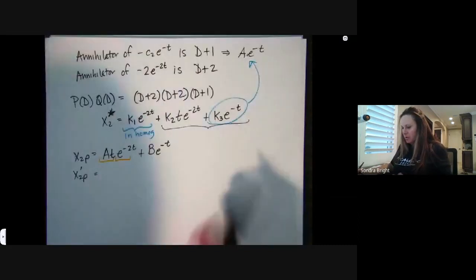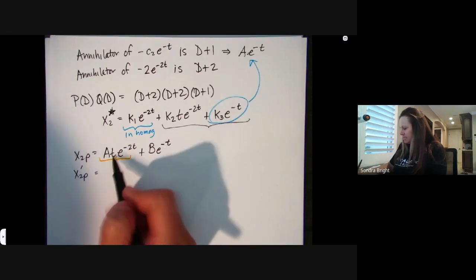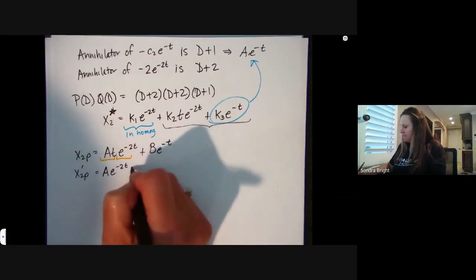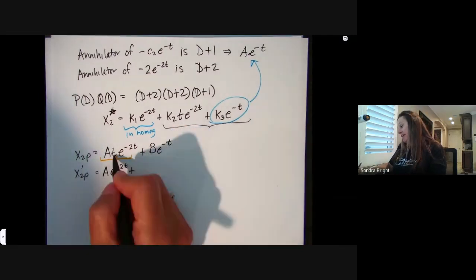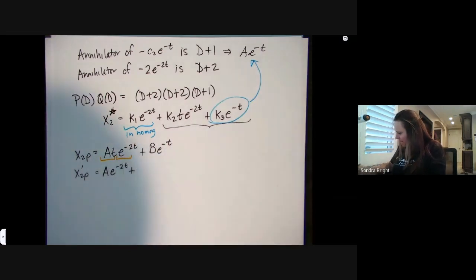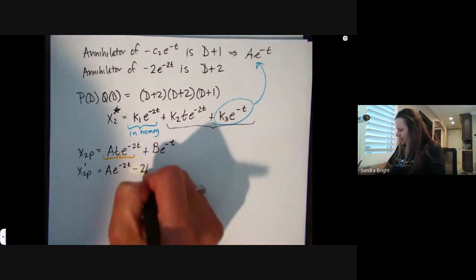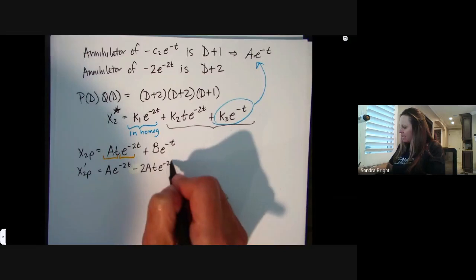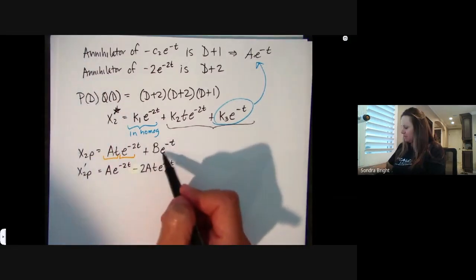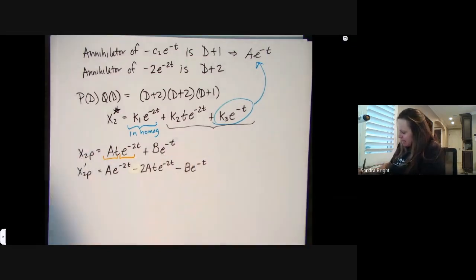Okay, so the derivative of A times t would just be A, times e to the negative 2t, plus A times t times the derivative of e to the negative 2t, so that's a negative 2. So this will be A minus 2At e to the negative 2t. And then the derivative of B times e to the negative t would just be negative B e to the negative t.